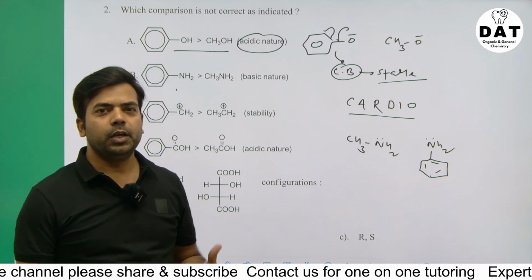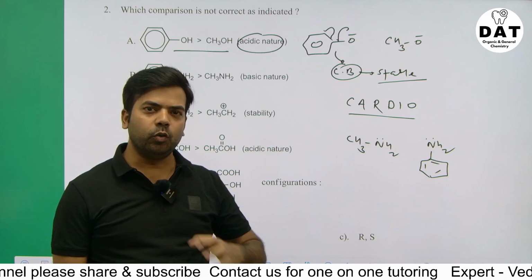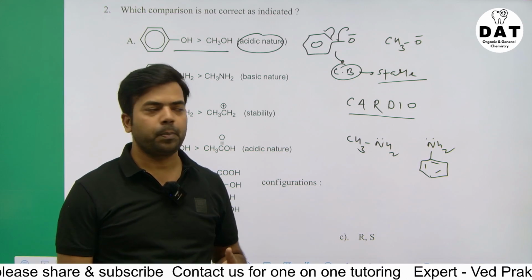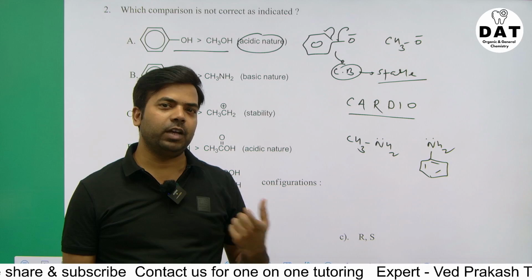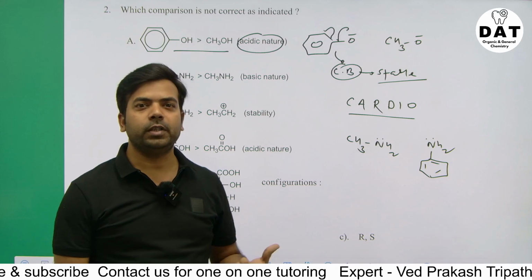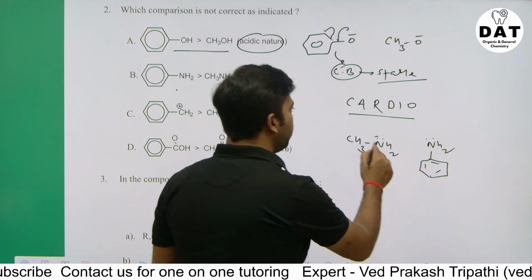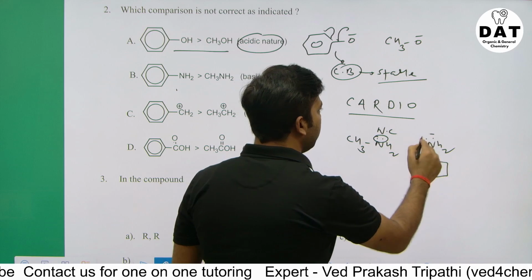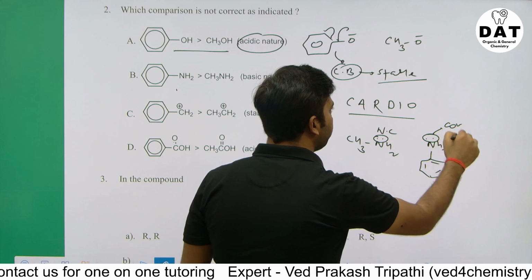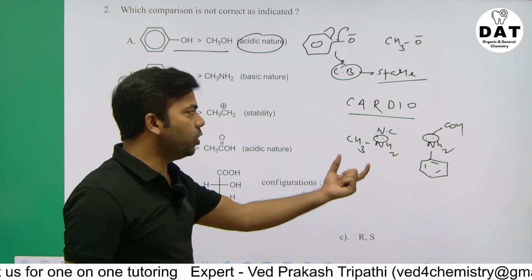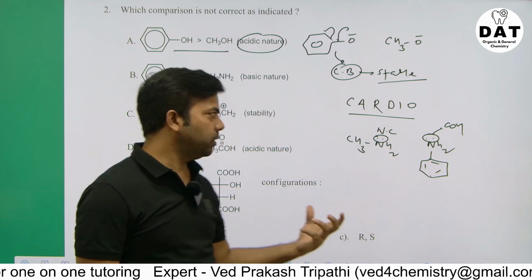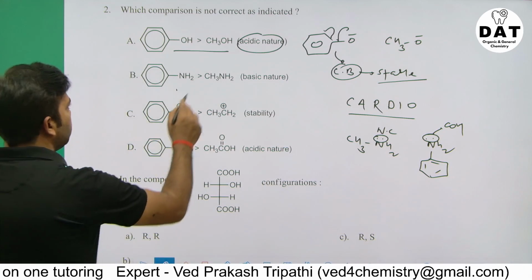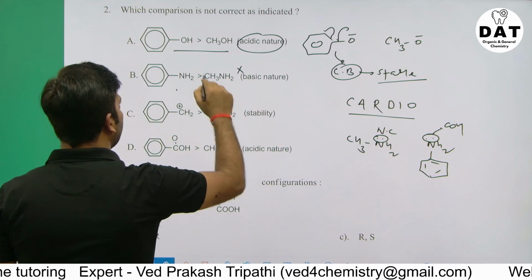What is basicity? Basicity is the tendency to donate electrons to a proton. Clear? So if my lone pair is available for that donation, that means more basic. This lone pair is non-conjugated and this lone pair is a conjugated one. So we can say non-conjugated is more basic than conjugated. So this is the wrong order. It should be like this.